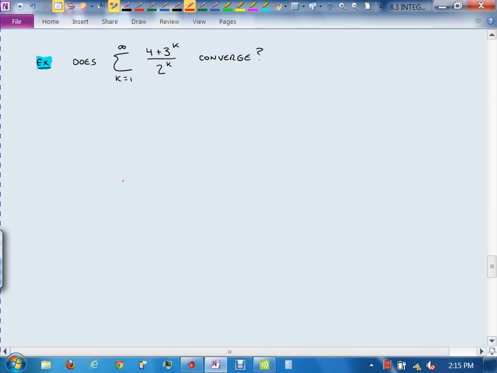Does this converge? You would maybe start with the nth term test. You try and say what happens on top and bottom as k goes to infinity. Oh no, you're already jumping right to the comparison test.